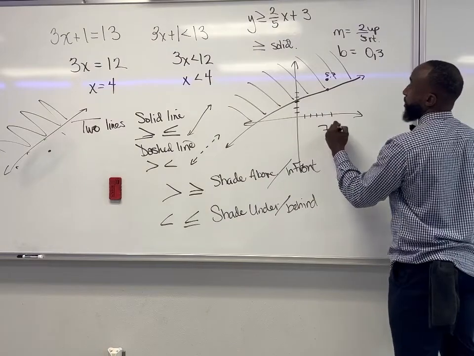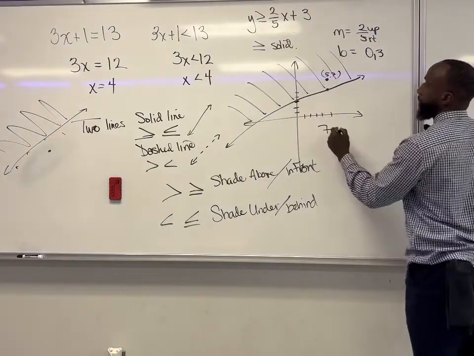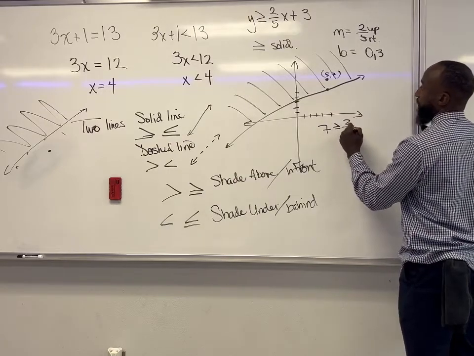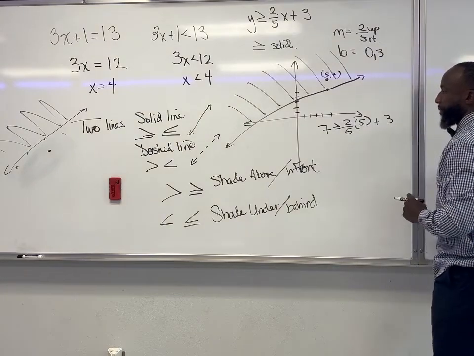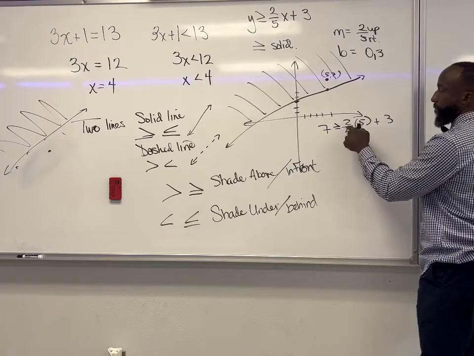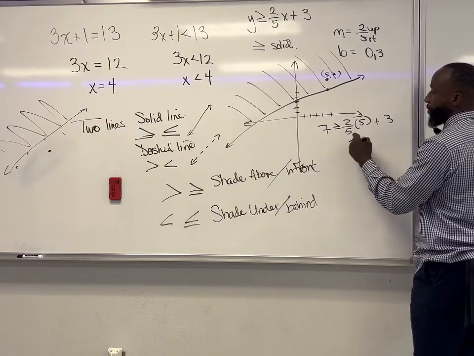So we have 7. 7 is y, and 5 is x. So it'd be 7 is greater than or equal to 2 over 5 times 5 plus 3. So 2 over 5 times 5, that's going to be 10 over 5, which is 2.